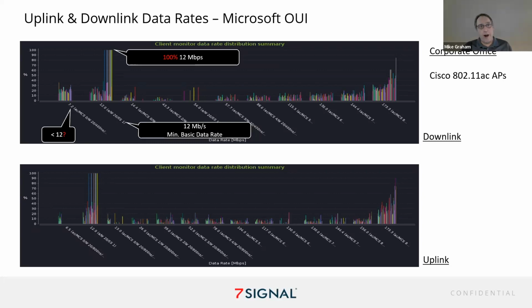Sometimes they try to hot rod the network a little bit. So that is definitely something you can do to eliminate even those, but that is not what affects the control and management traffic, which is really one of the main reasons that we push those data rates up from their minimum, is to move that control and management traffic to higher data rates and unload the network a little bit.